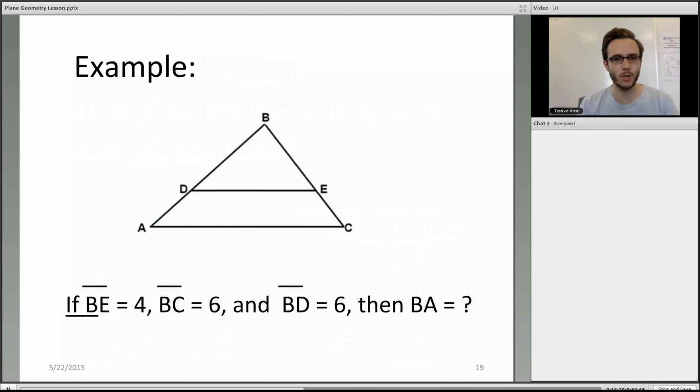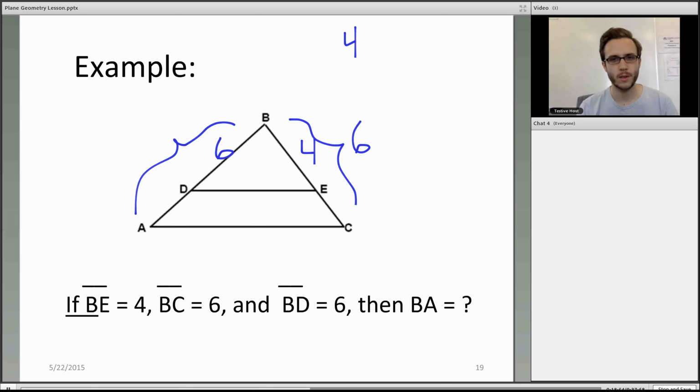Okay, so let's take a look at an example here. If BE is equal to 4, and BC is equal to 6, and BD is also equal to 6, clearly this is not to scale, then what is BA? We can just do quick cross multiplication here.